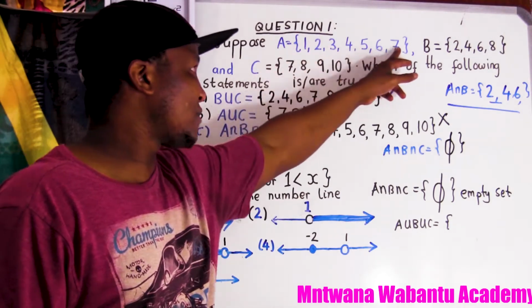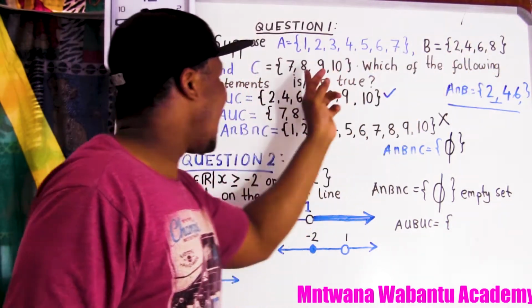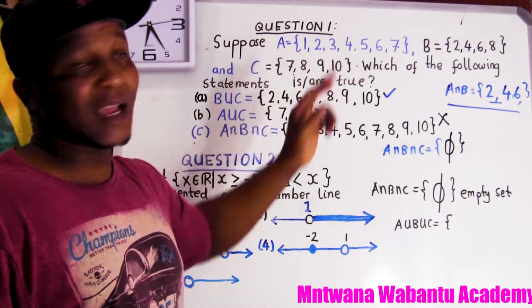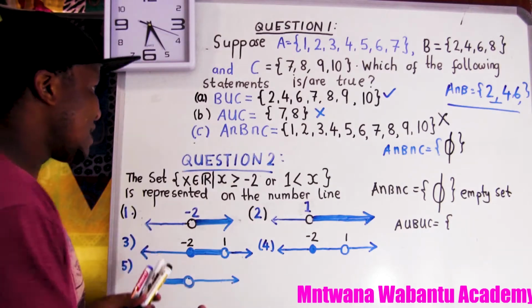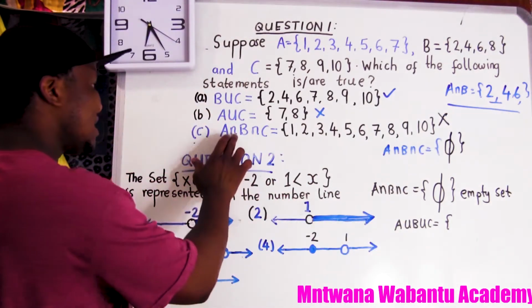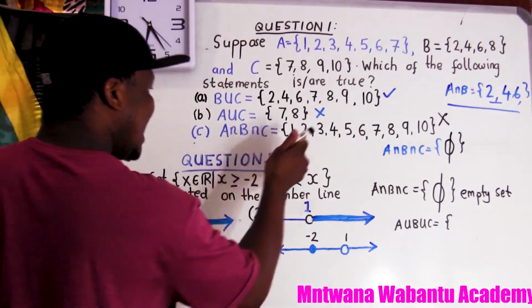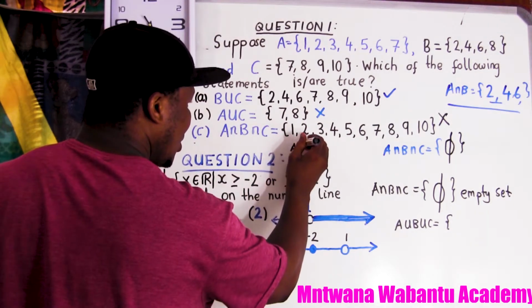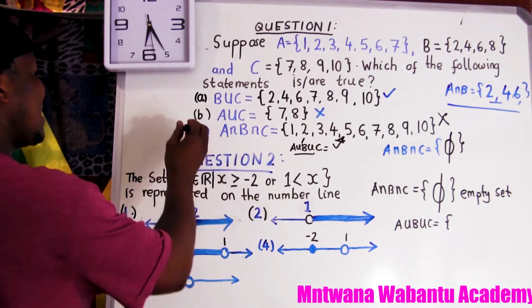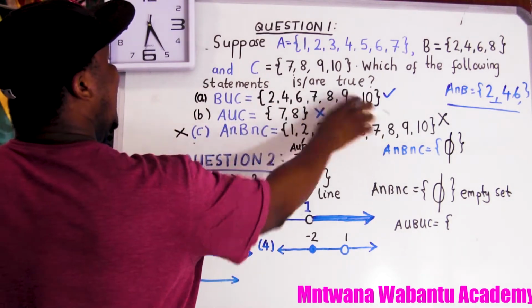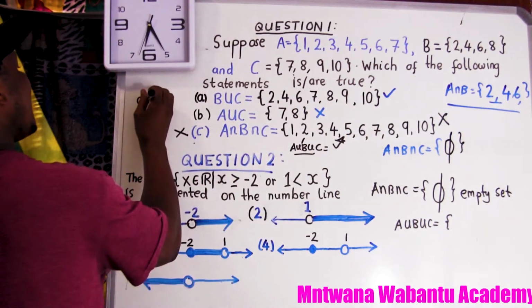So it's 1, 2, 3, 4, 5, 7, and then 8, which also appears here, 9, 10. So it would be everything, which would be true. But in this case, it's not true, because they say A intersection, which is empty, but this is A union B union C. So only option A is true.